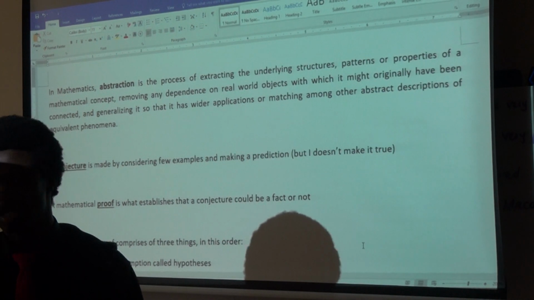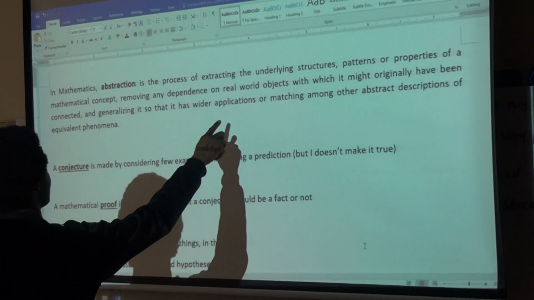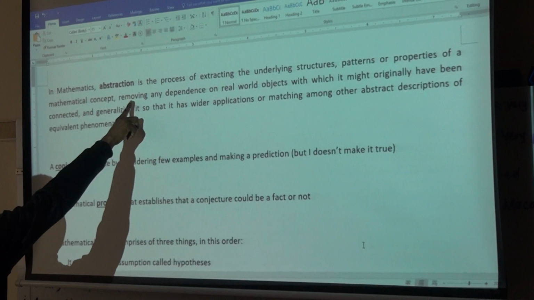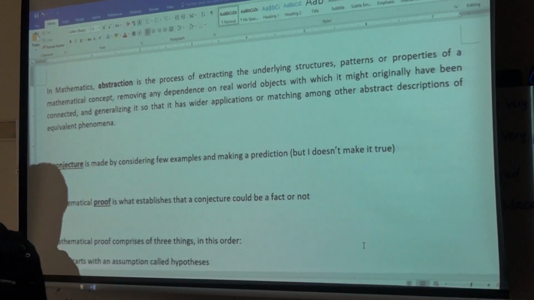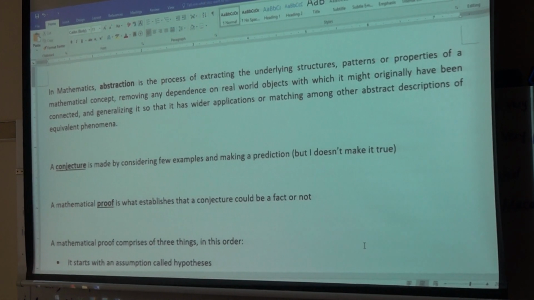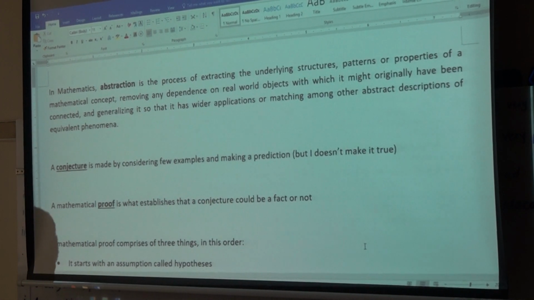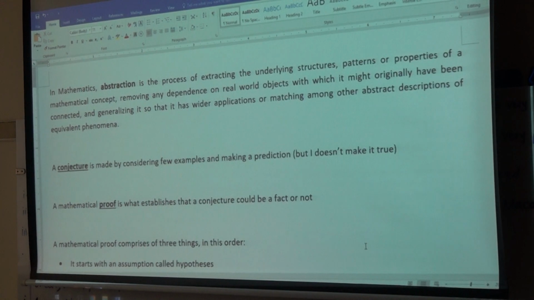Do you understand that? So that is why this line was included, removing any dependence on real-world objects. Removing any linkage to a specific situation and coming up with a generalized idea, that is an abstraction.